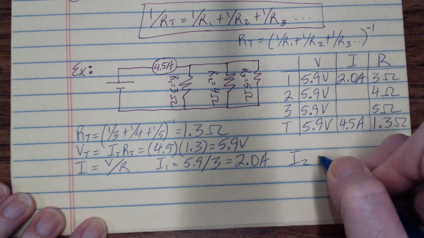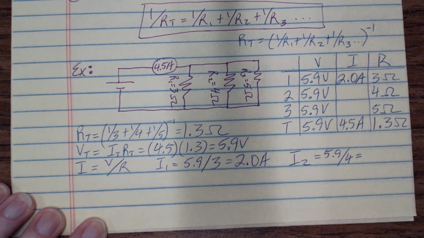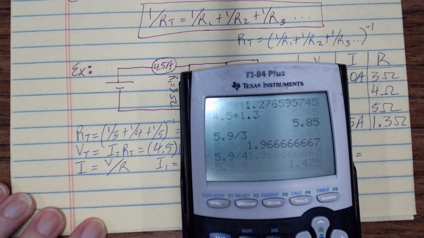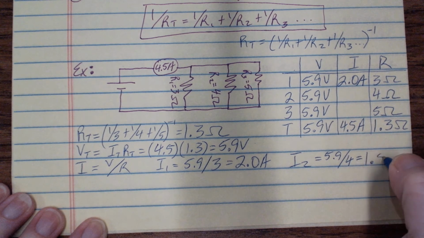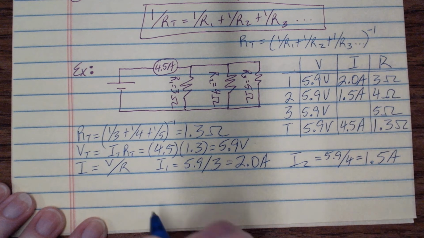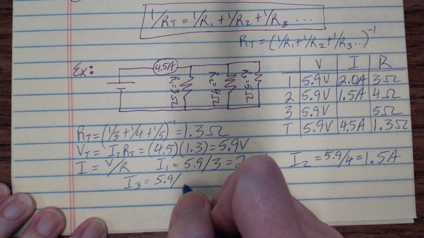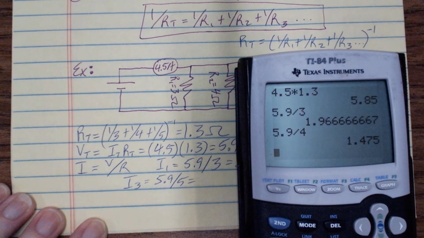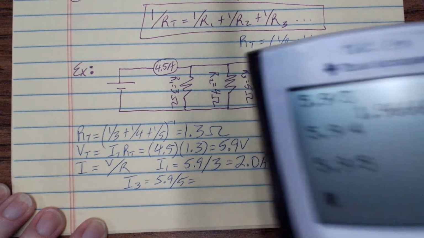For I2, that would be 5.9 over 4. So about 1.5. And for I3, that would be 5.9 over 5, about 1.2.